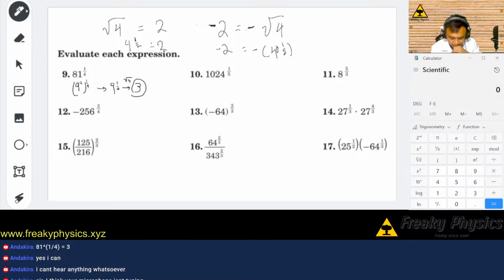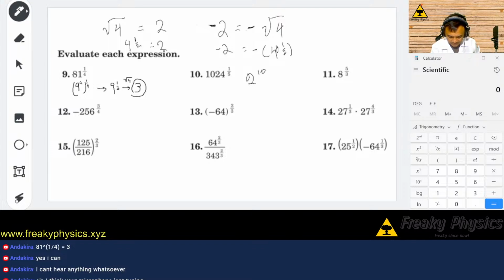1024. I need to know if that's actually. I'll give you a clue. I'll make this easy for you: 1024 is 2 raised to 10. Now, if you don't know that, I'll show you a technique, but for now I'll give you that hint. So 2 raised to the 10th.